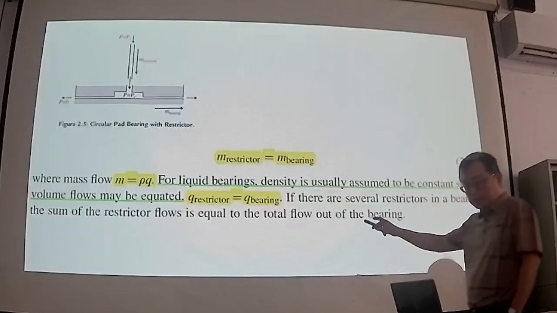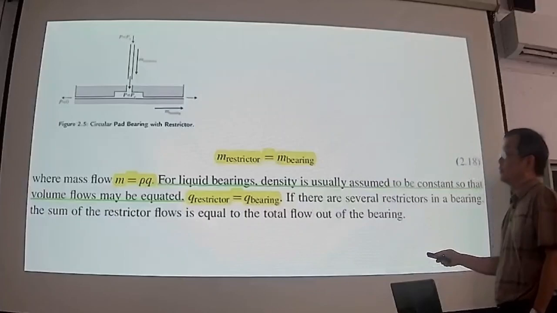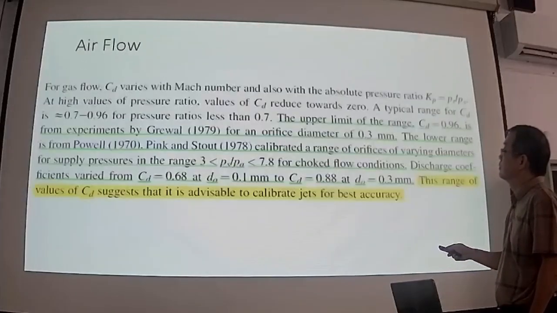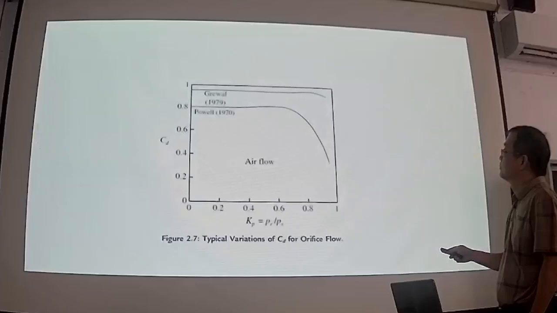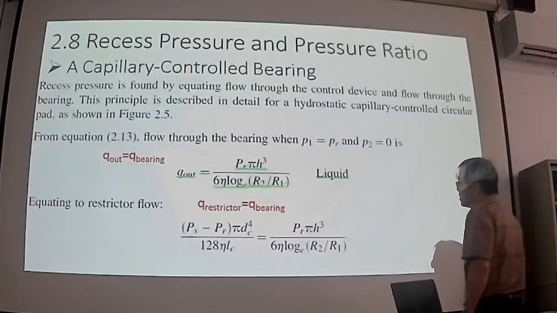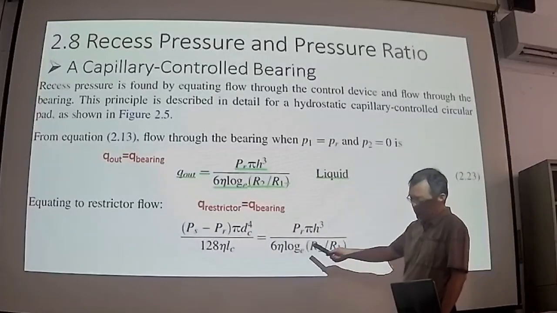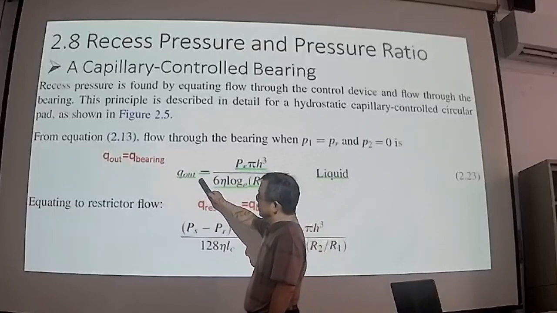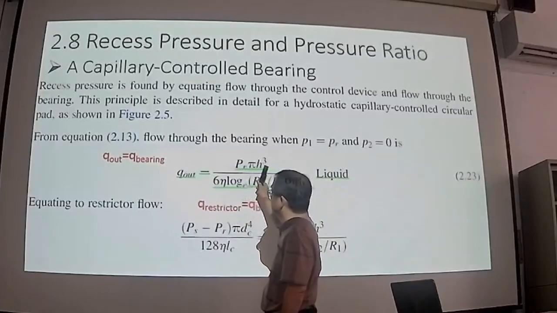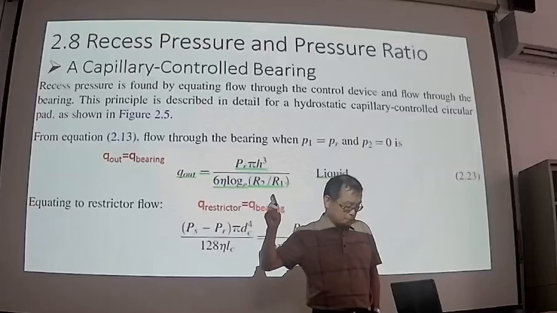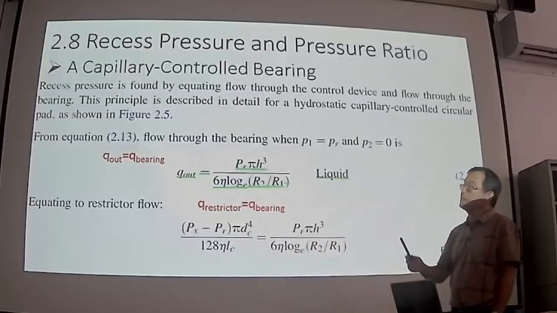By using this equation, you can, so this is the volume flow rate getting out of the bearing. This is for the circular bearing. Okay.